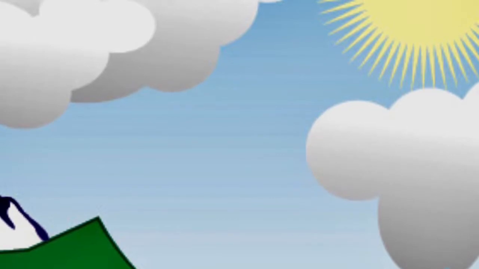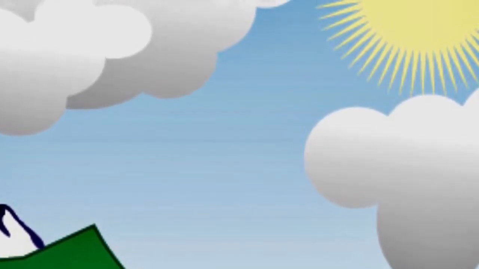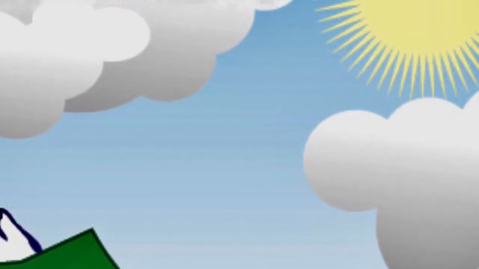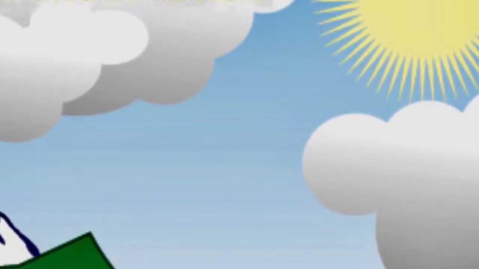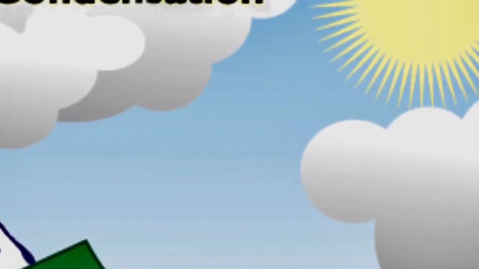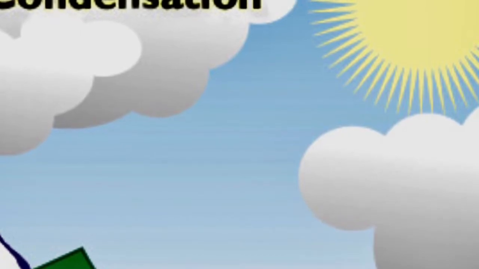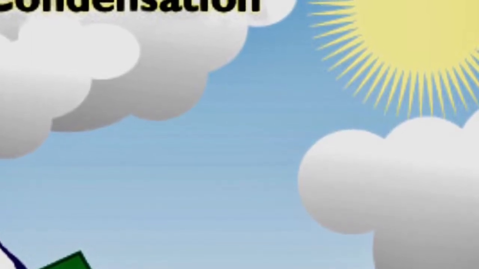The third stage is condensation. Condensation is when the water vapor reaches up in the sky and turns into tiny droplets of water. The droplets, along with various gases and dusty particles, come together to form clouds. The last but not least stage is precipitation.